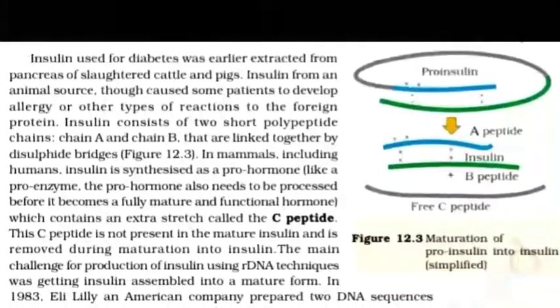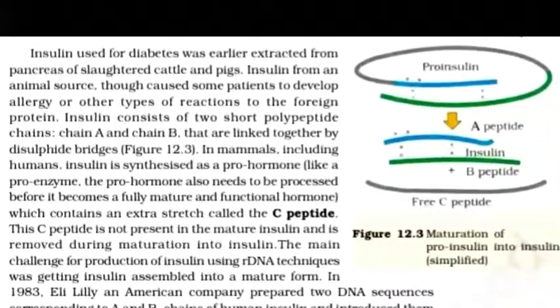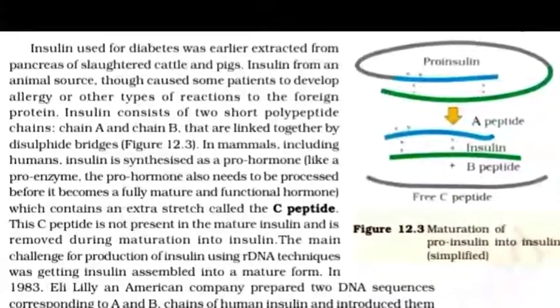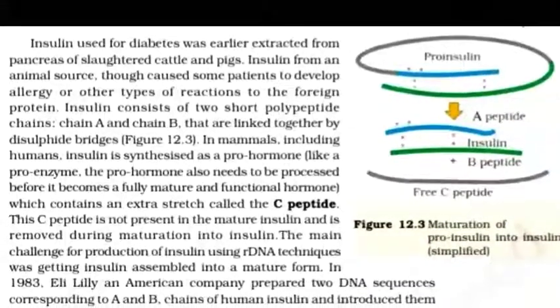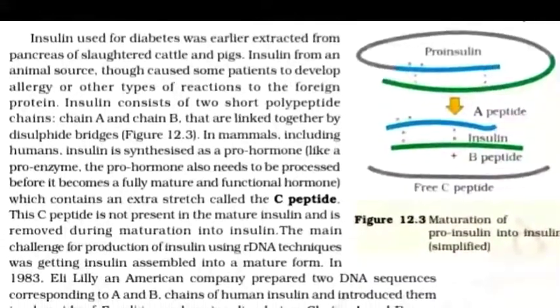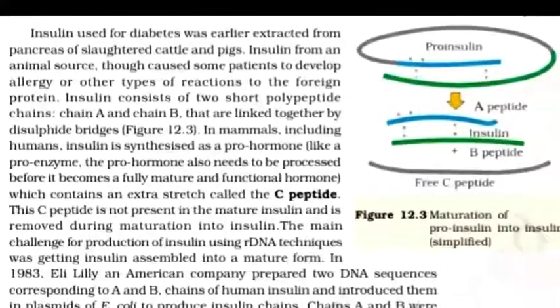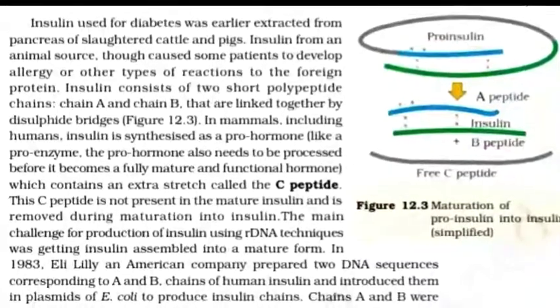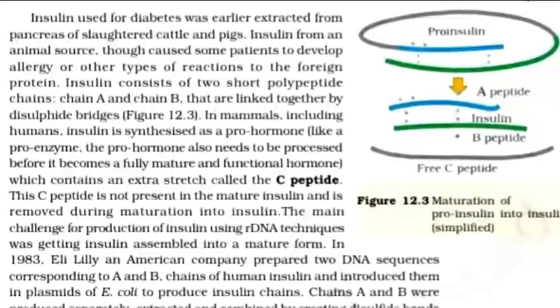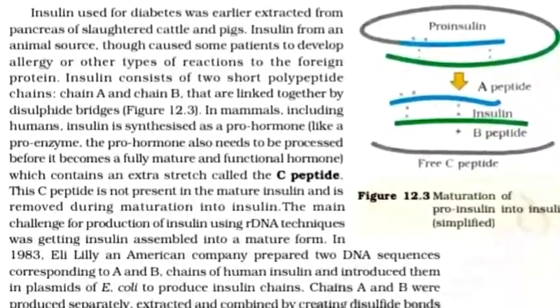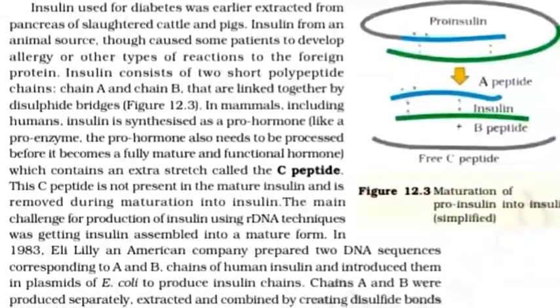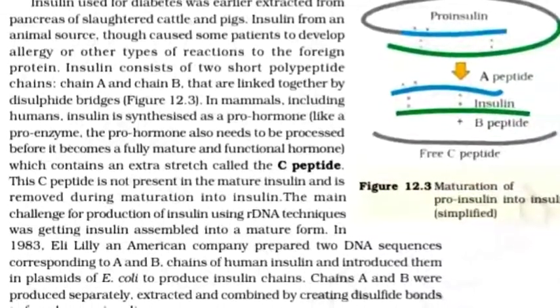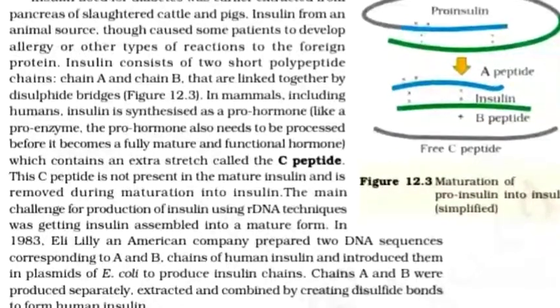Insulin used for diabetics was earlier extracted from the pancreas of slaughtered cattle and pigs. Insulin from an animal source though caused some patients to develop allergy or other types of reaction to the foreign proteins. Insulin consists of two short polypeptide chains, chain A and chain B, that are linked together by disulfide bridges.